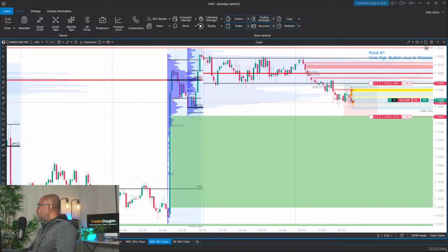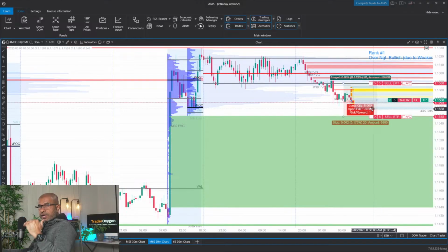Let me bring a screen over here and check. Right, currently it's showing a negative balance, but that's fine because we need to give the trade a buffer if it's going down. That's why we have a stop loss.